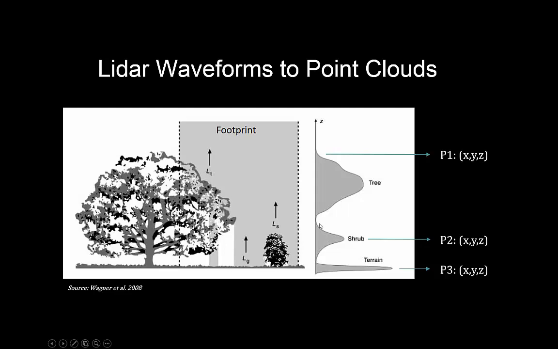But within this same footprint, we've got a little shrub, and so we get a second return here. And even if that shrub had been under the tree, you might still get some sort of a shape like this, of the photons that make it through the tree canopy to the shrub, and then back from the shrub through the tree canopy back to the sensor. And then finally, we get what's typically designated the ground return, which is often characterized by being narrower and steeper.